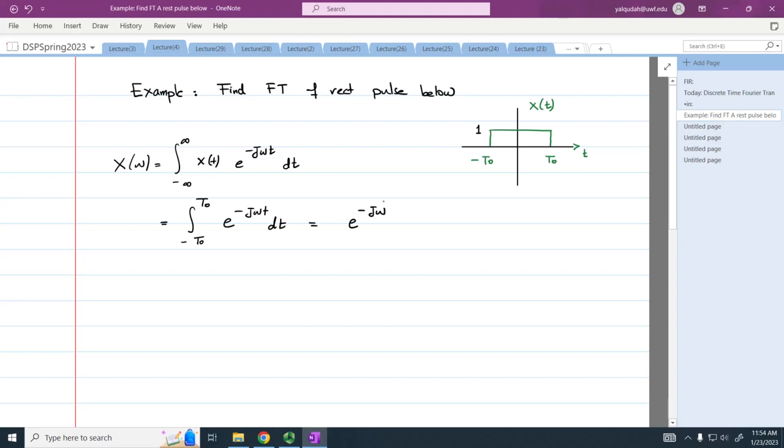So it's going to be e to the negative j omega t divided by negative j omega, agree? And the limit from negative t0 to t0. What is this going to equal to if I substitute the limits of the integration? 1 over j omega, e to the j omega t0 minus e to the negative j omega t0.